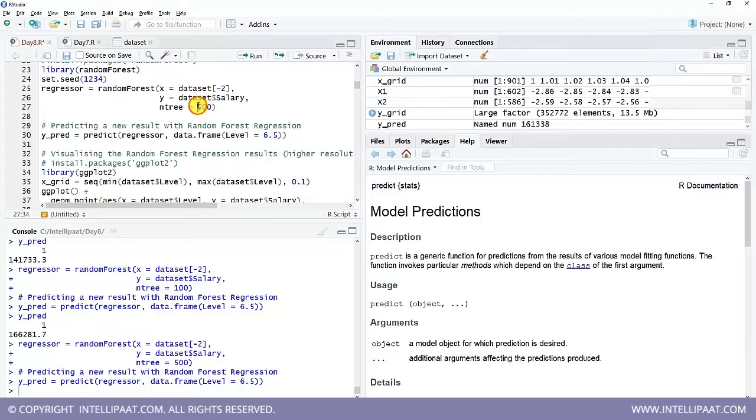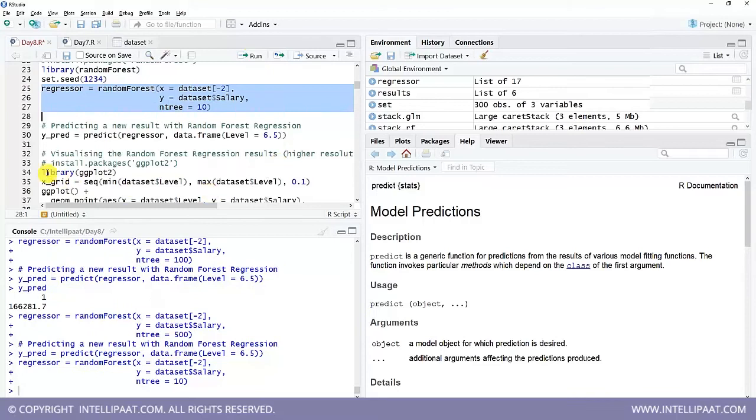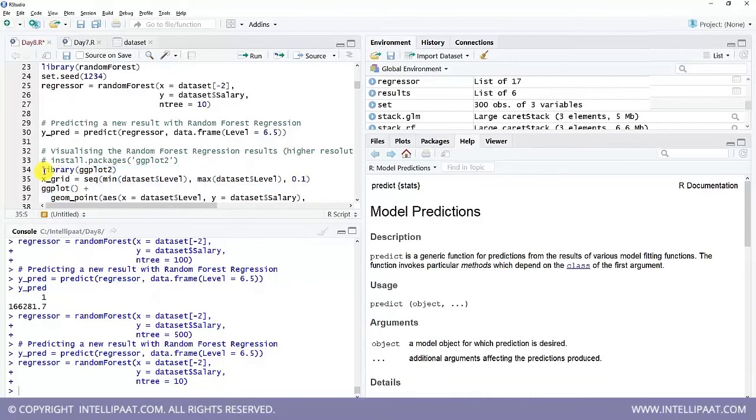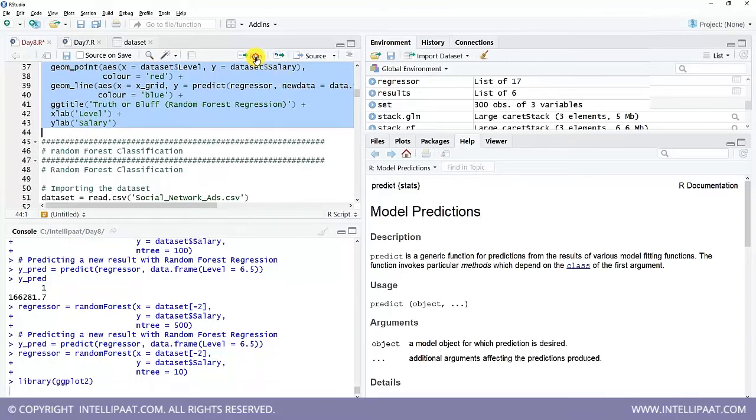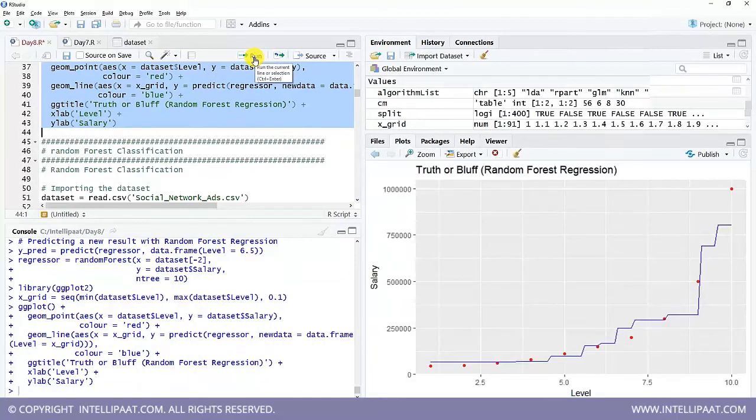So again, going back, let's retain our number of trees to 10 and let's see what our visualization looks like. Okay, this is it. I run this. So we are talking about the regressor.